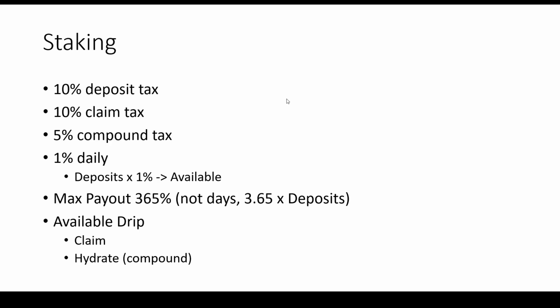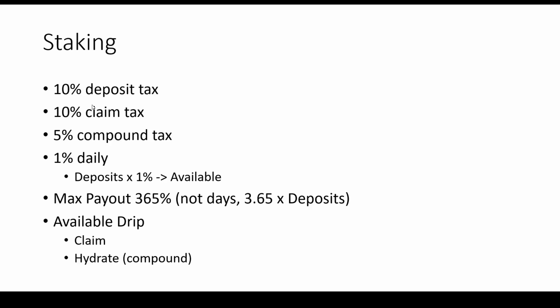So first of all, just some key points to remember. When you stake Drip tokens, you do pay a 10% tax whenever you deposit. So if you deposit 100 tokens, you're actually only going to get credit for 90 tokens on the deposit.